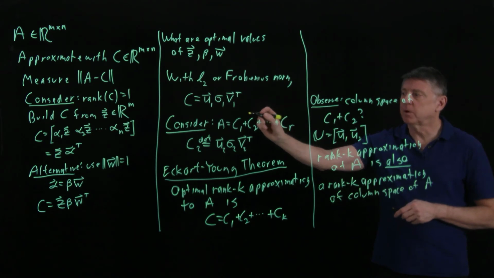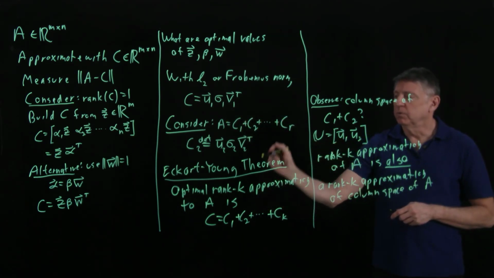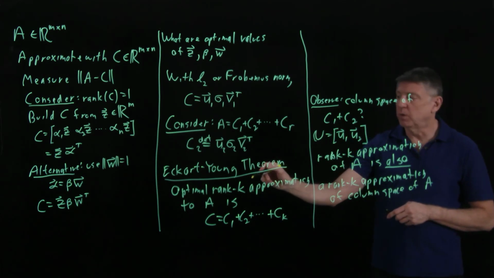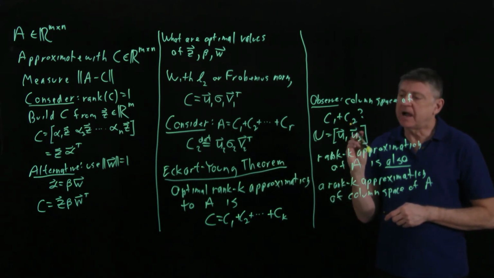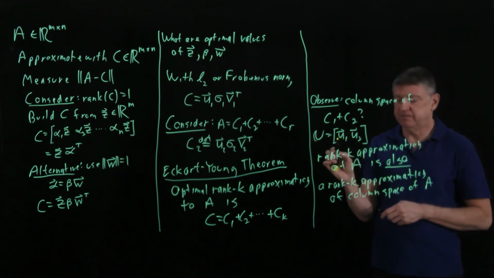As I try to approximate the matrix A using K of these rank 1 matrices, I am doing a rank K approximation of the column space of A.